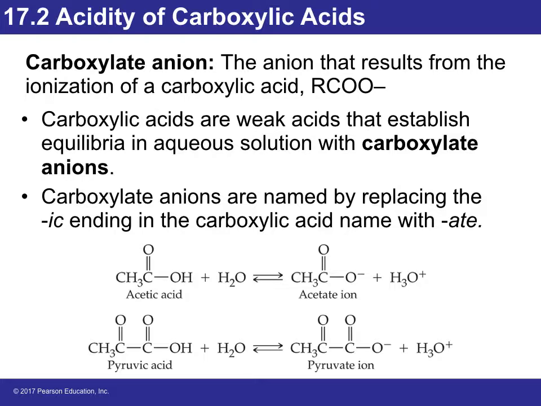I will not ask you too complex questions about this, but just recognize that when you have an acetic acid, such as the top one, reacting with H2O, the water molecule, you get an acetate ion. You see that instead of having OH at the end, you have O- because that hydrogen bound to the water molecule to give H3O+. The bottom one, pyruvic acid, will give you the pyruvate ion.